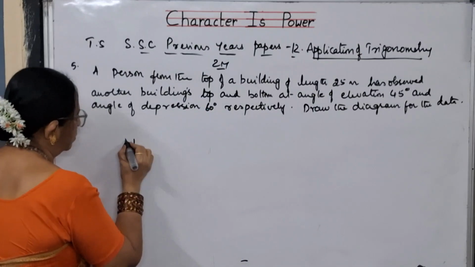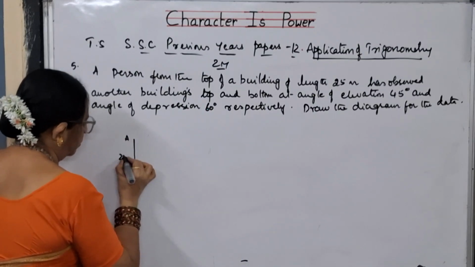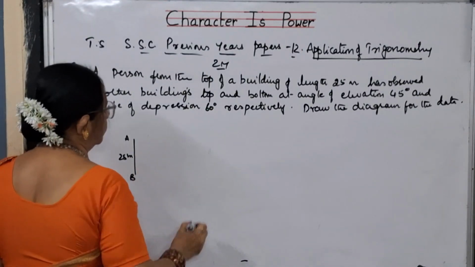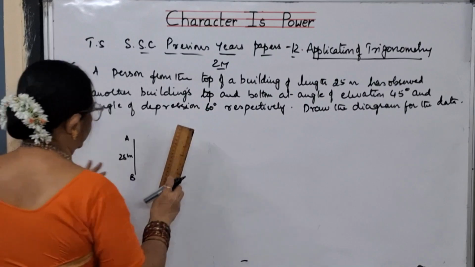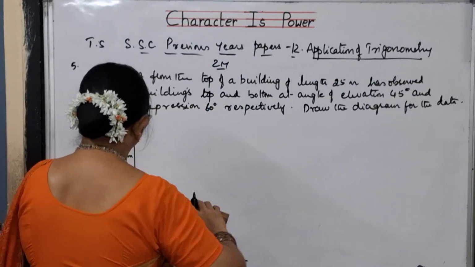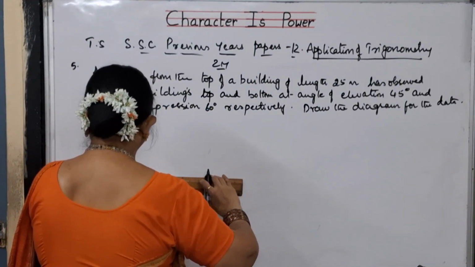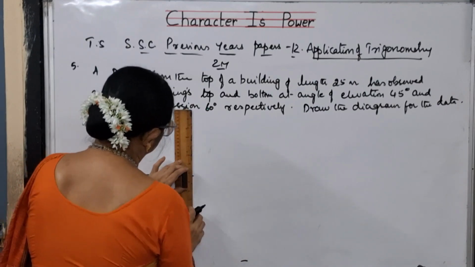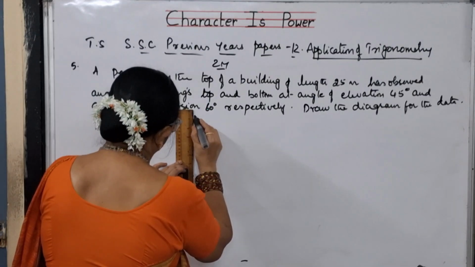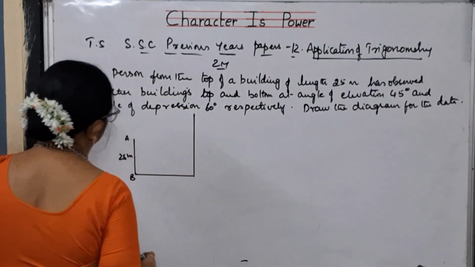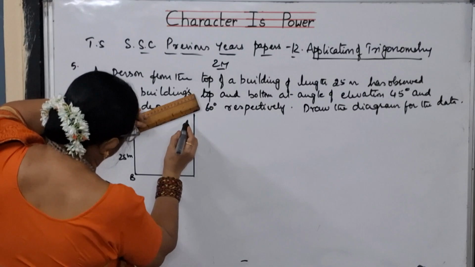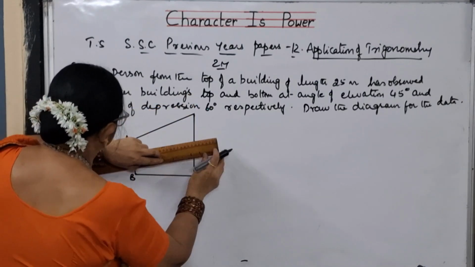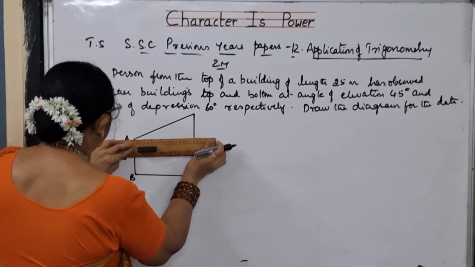So let me consider this is a building which is 25 meters, and he has observed another building's top and bottom. So definitely the other building should be a little bit taller than this. So this is another building. He has observed the top and bottom.